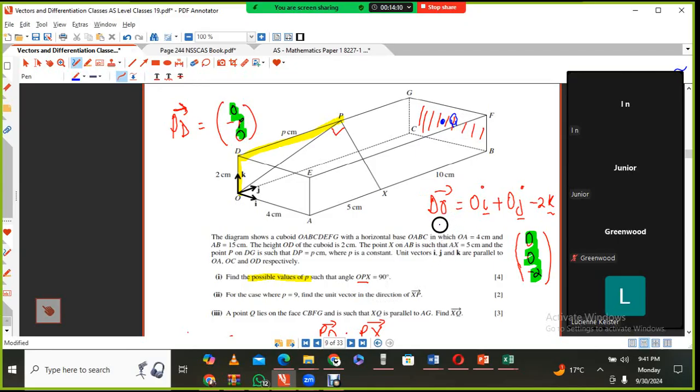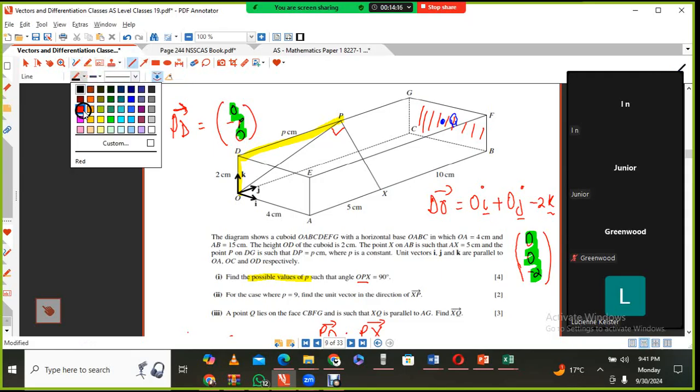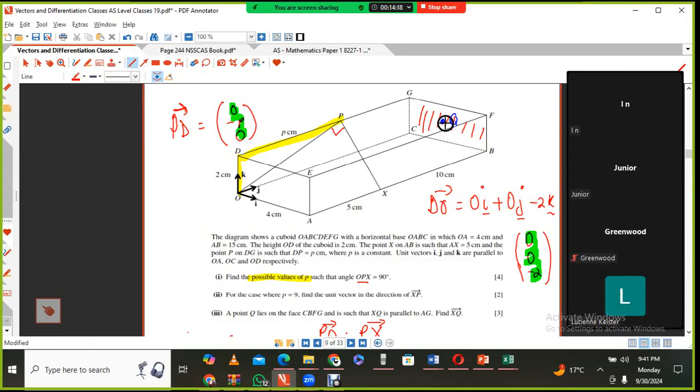If I join XQ, let's even make it red, this one here, it will be parallel to AG, all the way up to there.